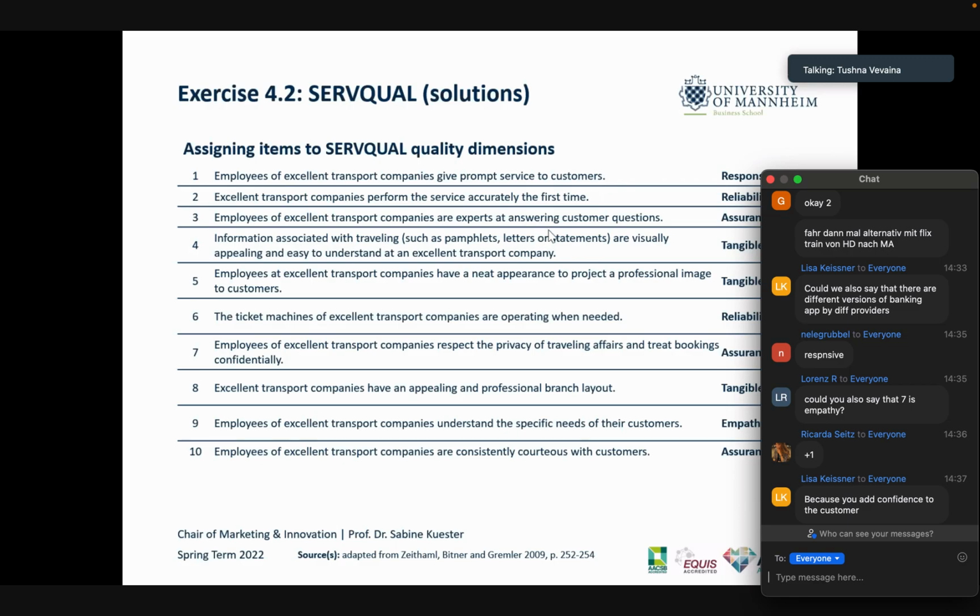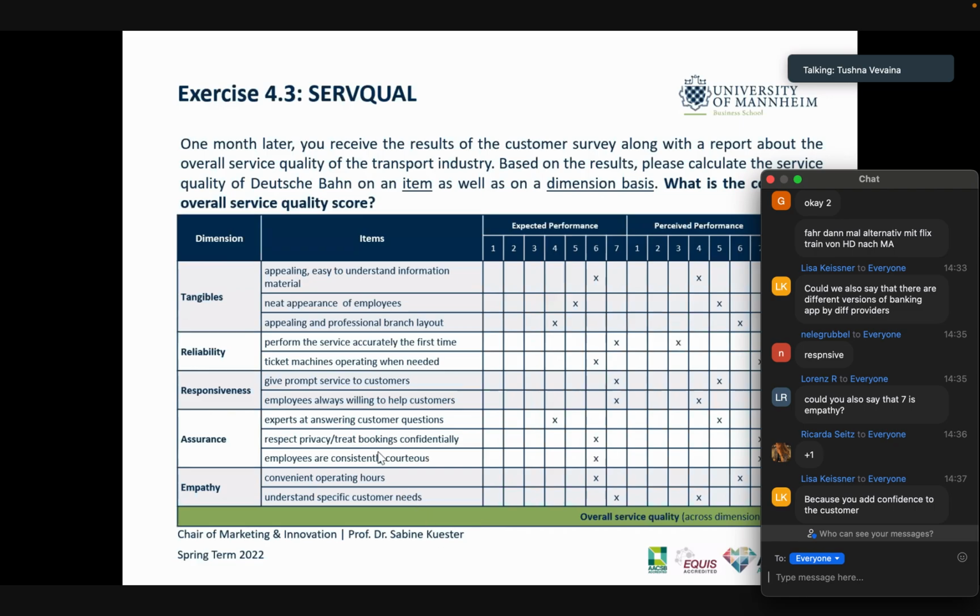So you're giving more of an assurance as an expert, whereas reliability would be in terms of maybe being able to rely on the service, that they will perform the service well the first time itself, or ticket machines will be available and we can rely on them, or rely on things that would help perform the service. Whereas assurance is giving more of a guarantee, as I mentioned. Okay, thank you. Comforting the customer, let's put it that way, because you add confidence to the customer. Exactly. Then let's move on to 4.3.